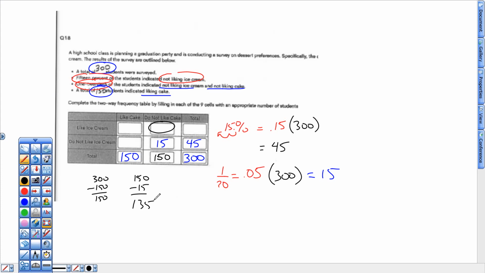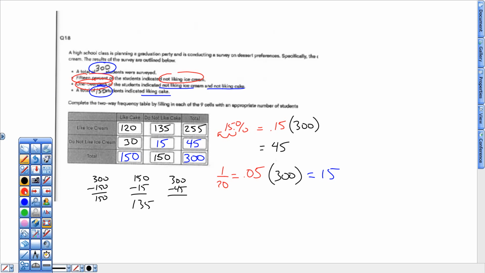That goes in this number right there, because 135 plus 15 gives me that 150 number. Now I could just keep doing the rest. If I take 300 minus 45, that will give me what that top number is. So 300 minus 45 gives me 255. And if I look at the rest, the only number that adds to 15 to get 45 is 45 minus 15, which gives me 30, because 30 plus 15 is 45. And then that last one, 150 minus 30 gives me 120.